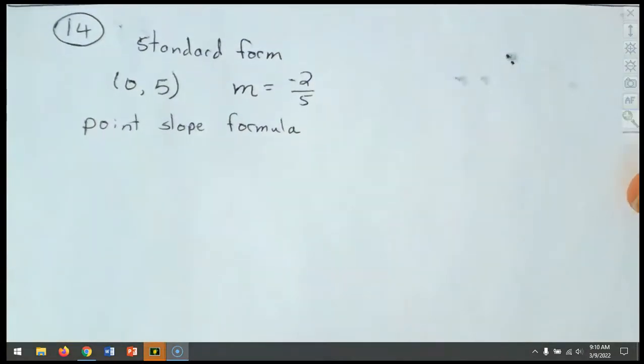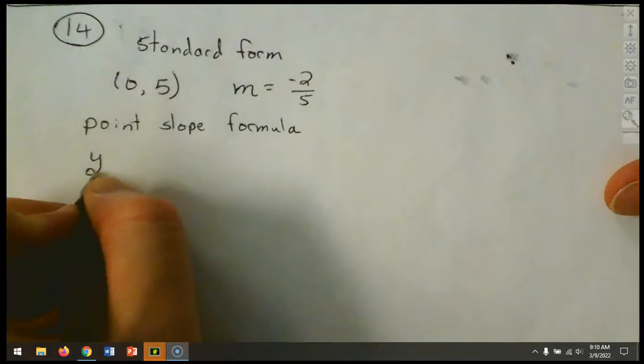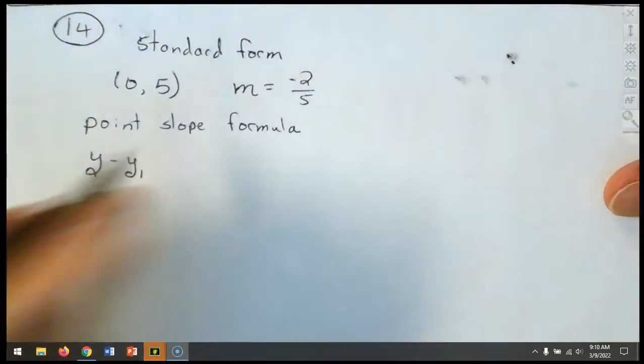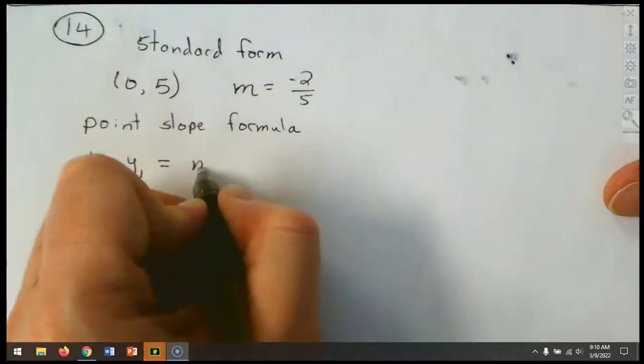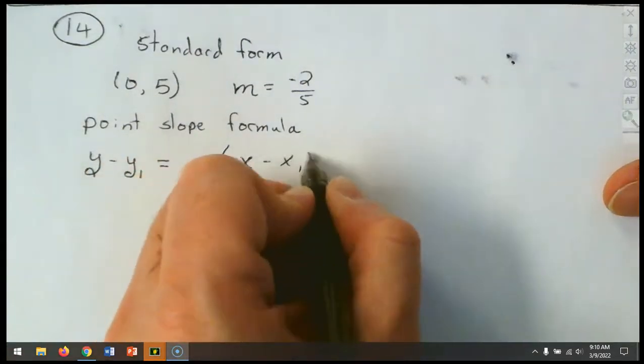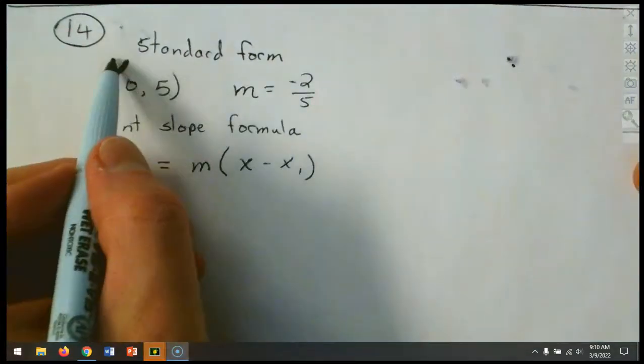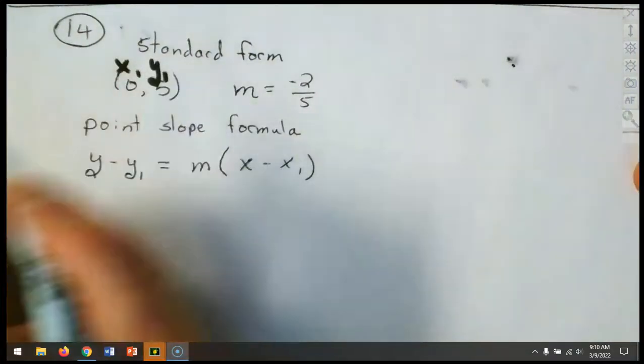So our point-slope formula is y minus y1 equals m times x minus x1. And we label our ordered pair x1 and y1.